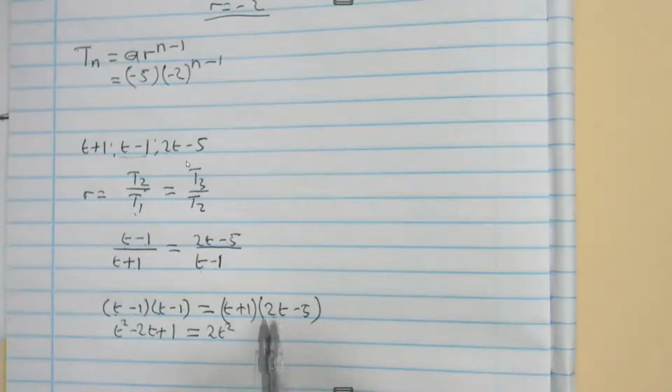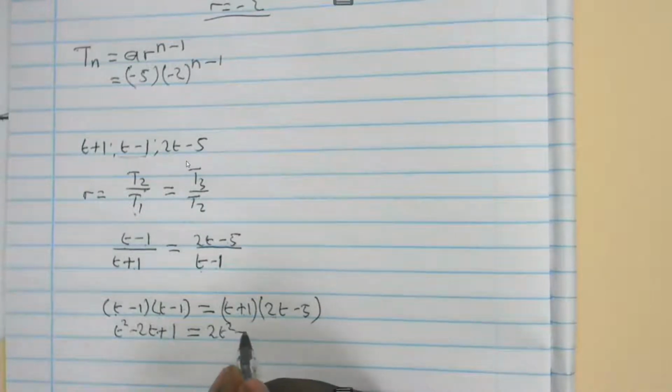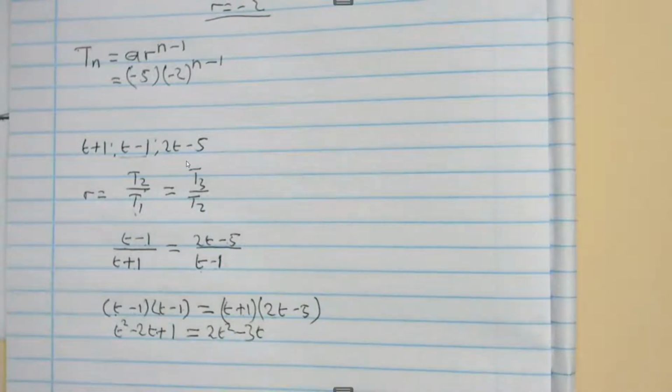And then negative 5t plus 2t, the addition of those two like terms, would give us negative 3t, and then positive 1 multiplied by negative 5 gives us negative 5.